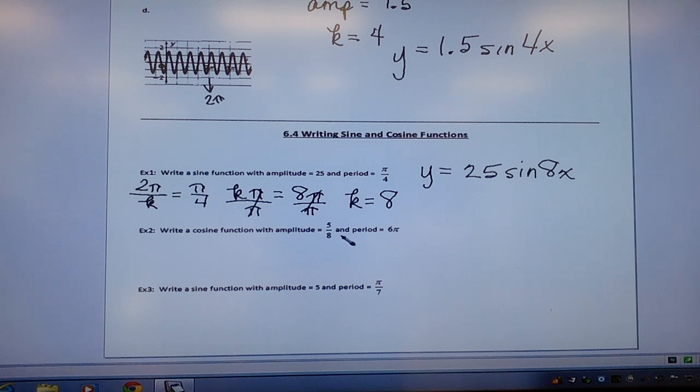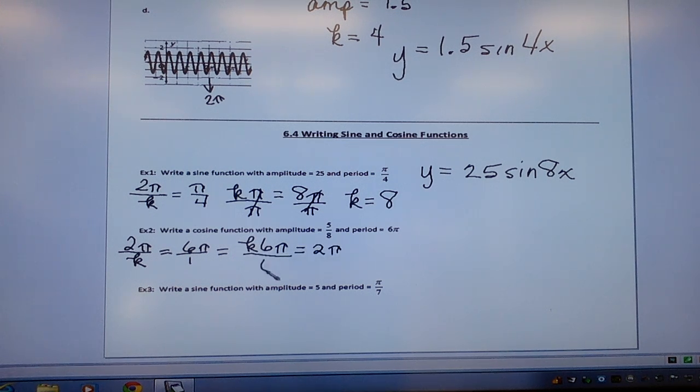All right, let's go to the next one. We're writing a cosine function, amplitude of 5 over 8, period of 6 pi. So we need to find k. So 2 pi over k equals 6 pi, and you can put that over 1 if you like. All right, so we'll have k 6 pi equals 2 pi.